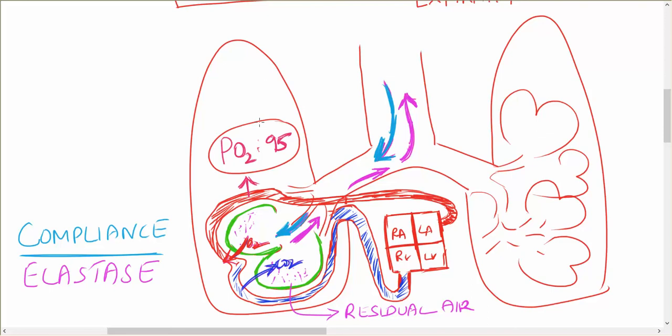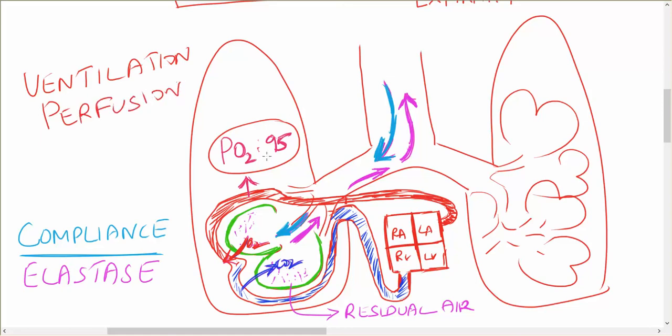This is called ventilation perfusion. So if they have 95 oxygen in the peripheral blood, then ventilation perfusion is good. If that is balanced, that is carbon dioxide going out, oxygen coming back.